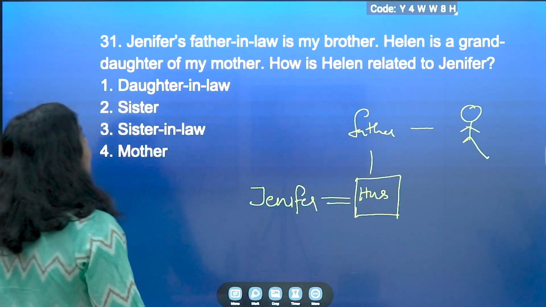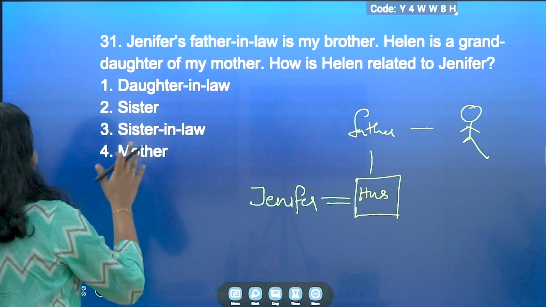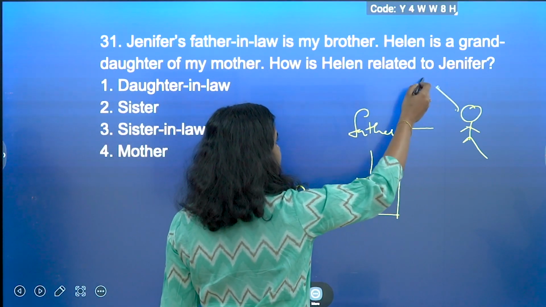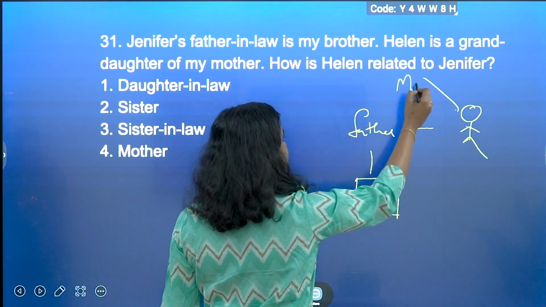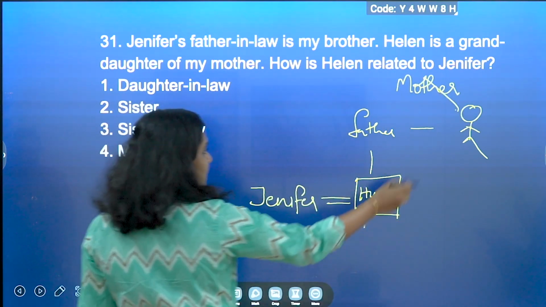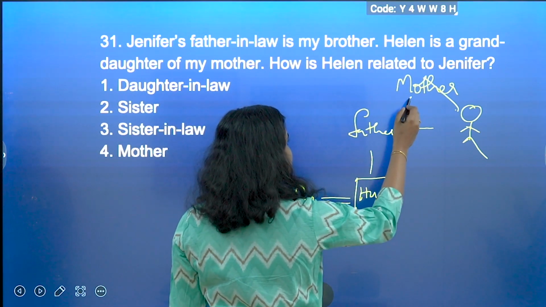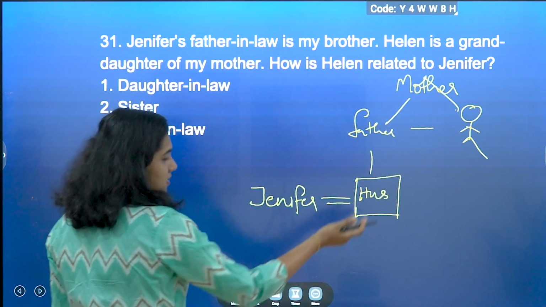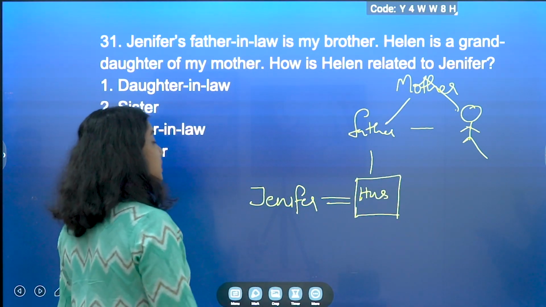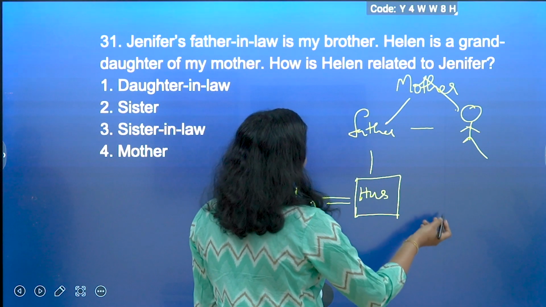Now Helen is the granddaughter of my mother. So he has a mother, this is the mother. His mother is also the mother of this father, right? They are siblings, so their mother will be the same. Now this mother has a granddaughter called Helen.